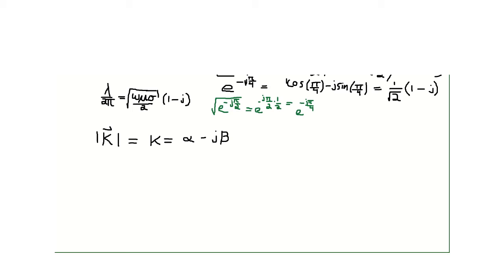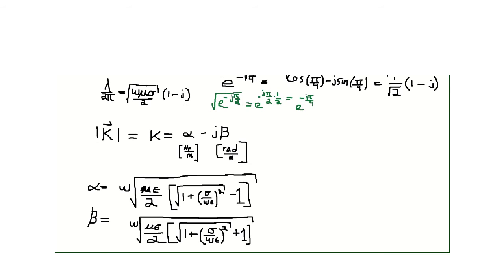Alpha is measured in Nepers per meter, while beta is measured in radians per meter. Although the derivations of these two terms are interesting, I do not believe they are required for the course, therefore I will simply summarize them below. We obtain two very similar looking terms, with the one difference being -1 and +1.